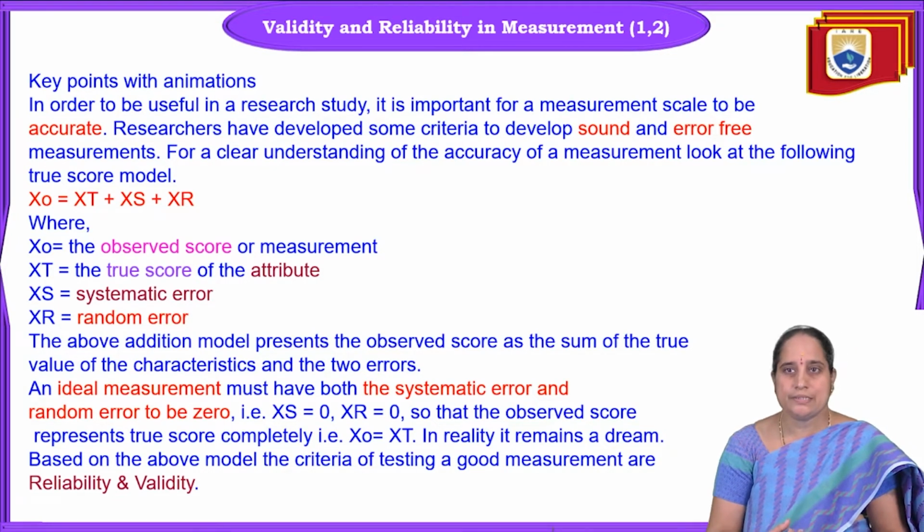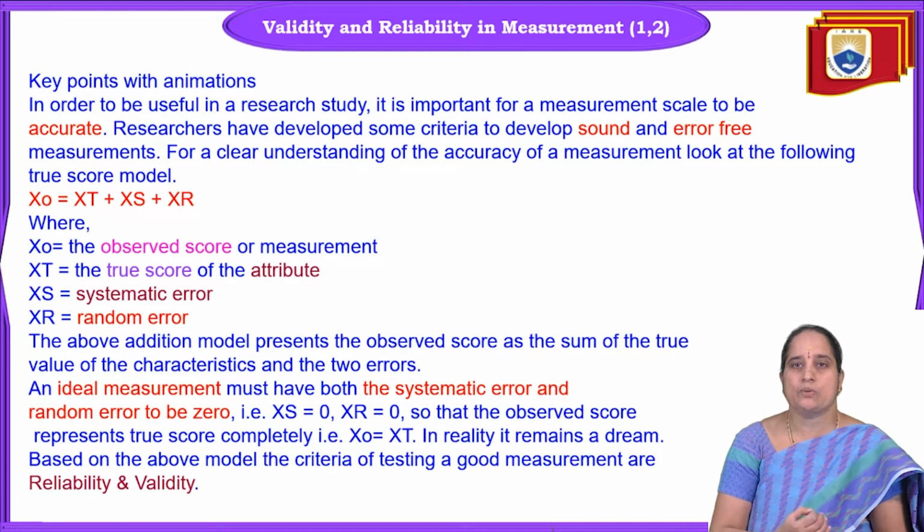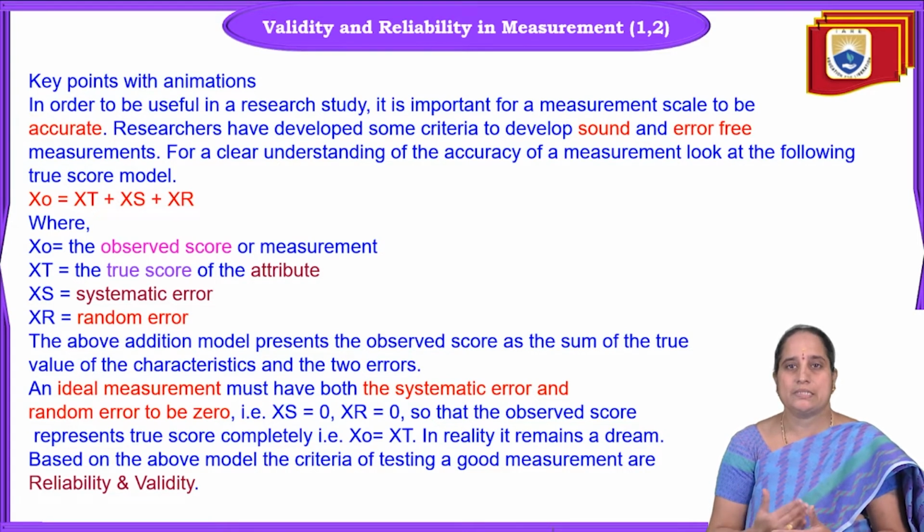For a clear understanding of the accuracy of measurement, we have to apply a true score model. The equation is Xo = Xt + Xs + Xr, where Xo represents the observed score or measurement, and Xt is the true score of the attribute. Whatever quality or characteristic we are studying, its true score should be defined in terms of Xt.